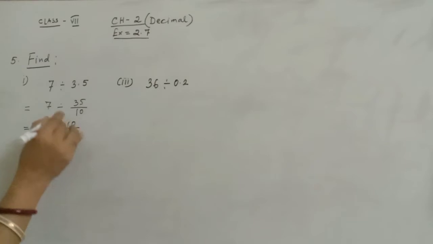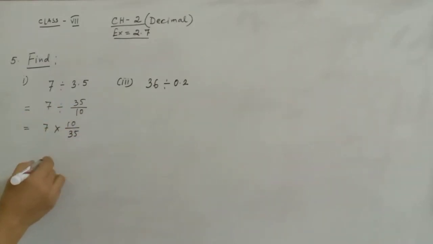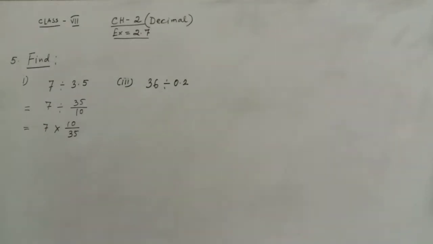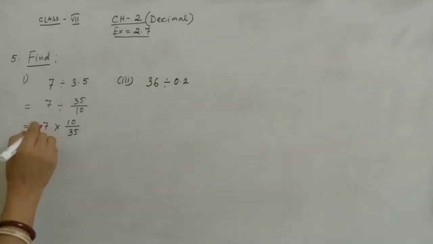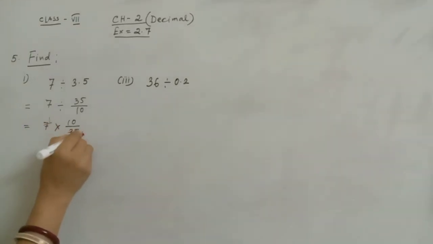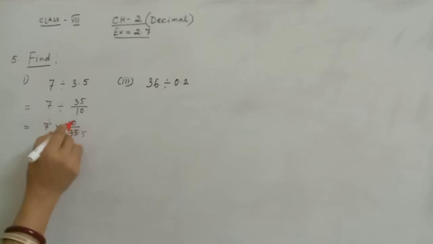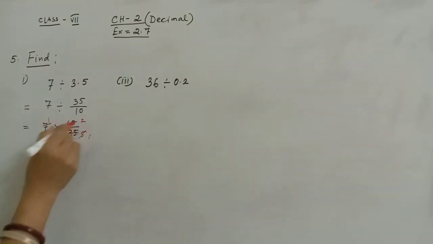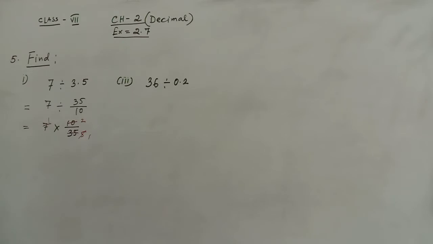Do not start cancellation before making the reciprocal. So 7 into 10 by 35: 7 1s are 7, 7 5s are 35. Now 5 and 10 you can again cancel: 5 1s are 5, 5 2s are 10. So the result is 2.